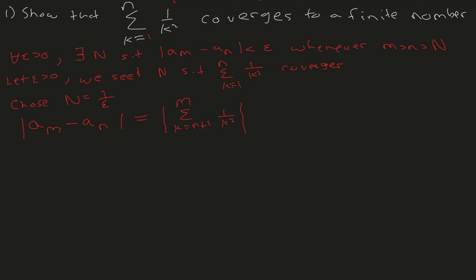And now this is less than the sum from k equals n plus 1 to m of 1 over k minus 1, because 1 over k squared is less than 1 over k minus 1. The denominator is smaller, and when the denominator becomes smaller the fraction as a whole becomes bigger. So this fraction is bigger than this.